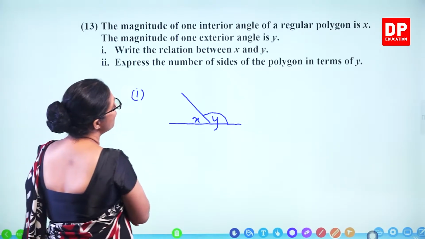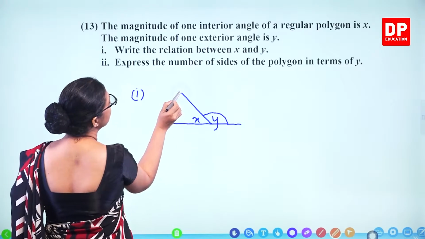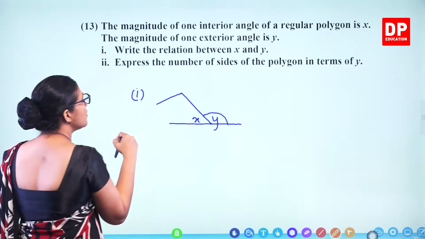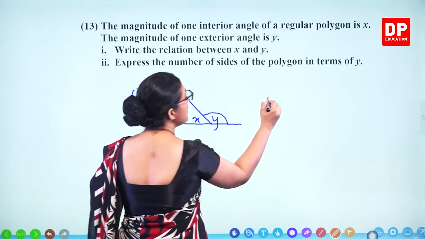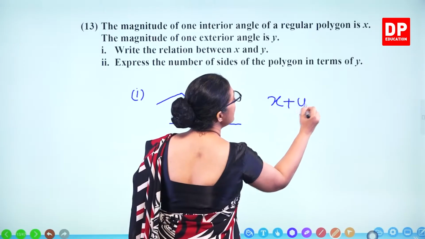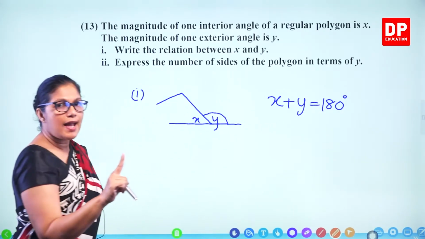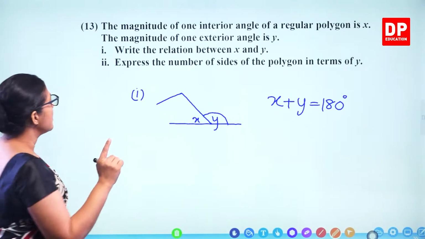The sum of the two angles adds up to 180. So this is the polygon, and x like that you get the polygon. So what's the relationship? x plus y is 180. So the sum of the interior angle and exterior angle adds up to 180.